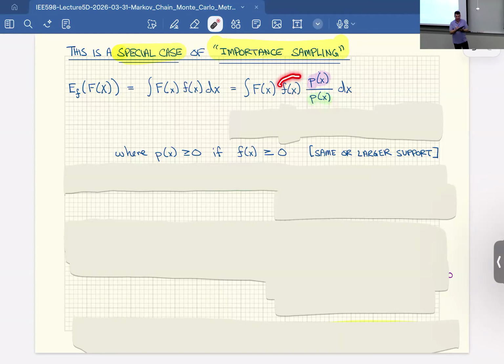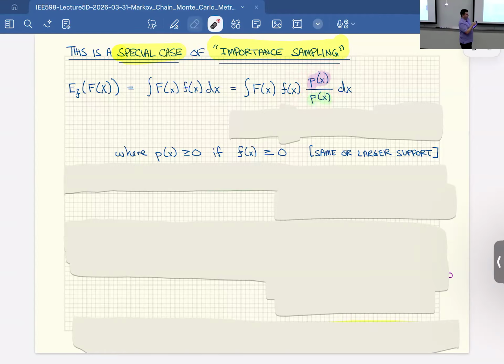If I find another probability distribution that has the same support, so wherever this is non-zero, this is also non-zero, then I can just multiply f of x by p of x over p of x. It doesn't change anything, it's just multiplying by 1.